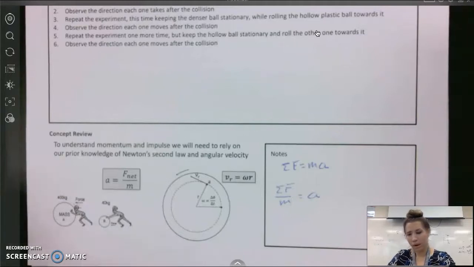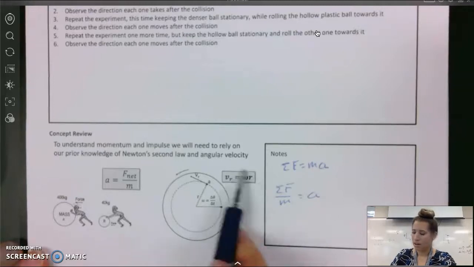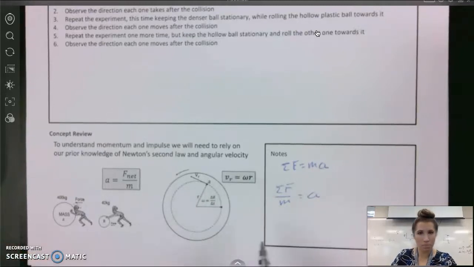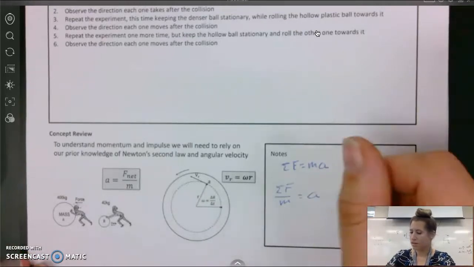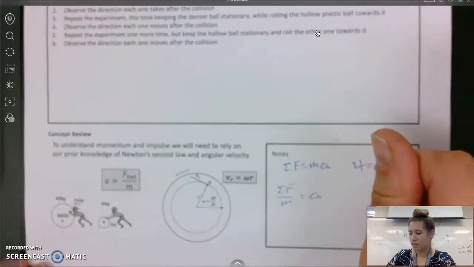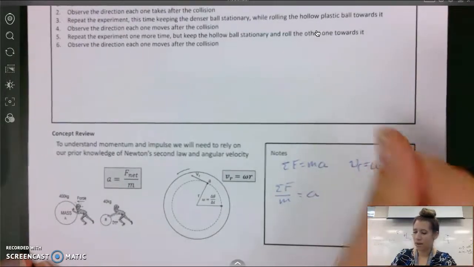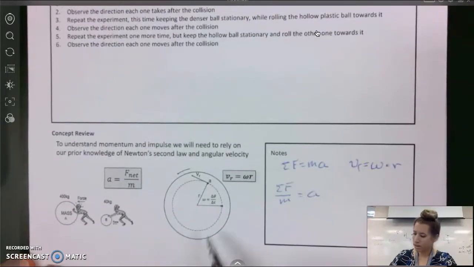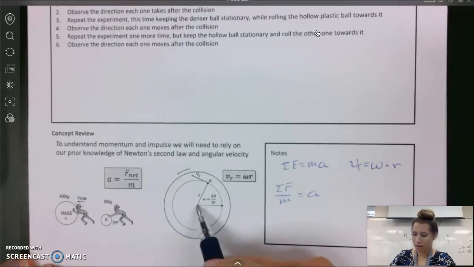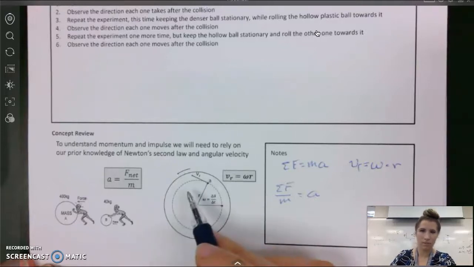And then there's this equation that we haven't spent a lot of time looking at that could be really helpful, and it's a relationship between the two. It's telling us that the linear velocity is equal to the angular velocity multiplied by r, where r is the distance from the point of rotation, that axis, to where the object is located and rotating. Okay?